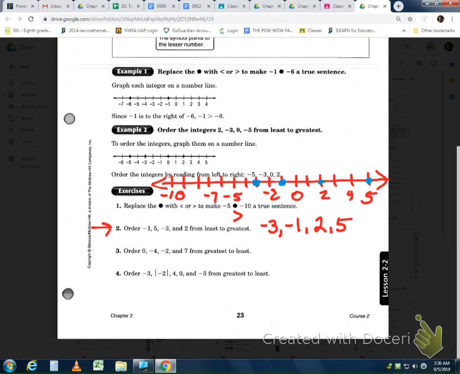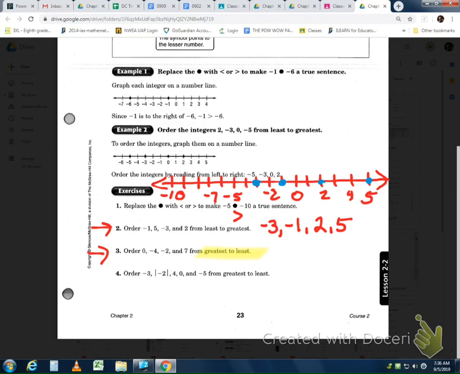Alright, let's look at number 3. It's exactly like I said. It says order 0, -4, -2, and 7 from greatest to least. So they switched it on you. That means that you would be going from right to left and not left to right. I'm going to put these dots on my number line, but this time I'm going to put them in black so that we can distinguish from the blue.